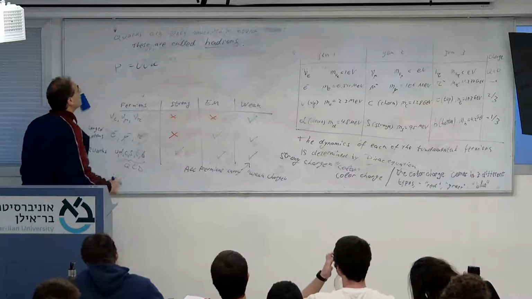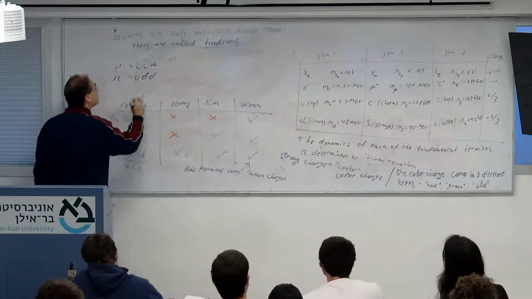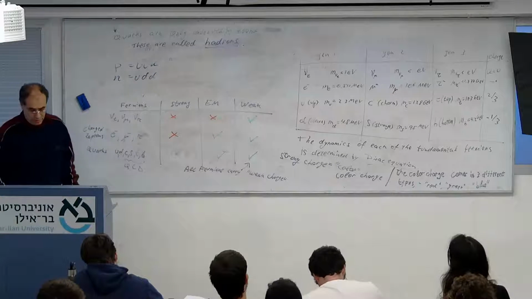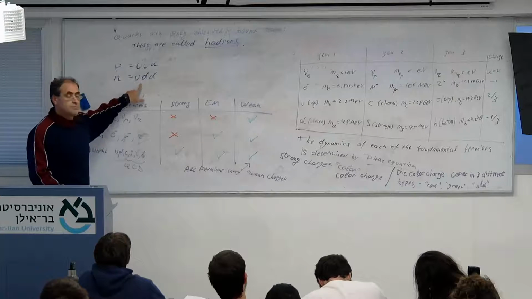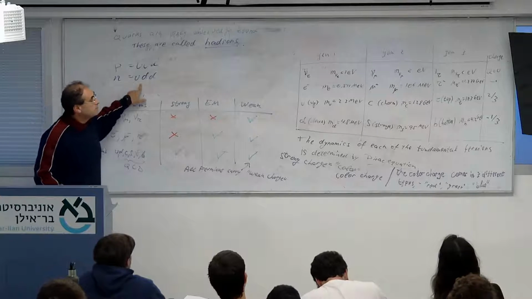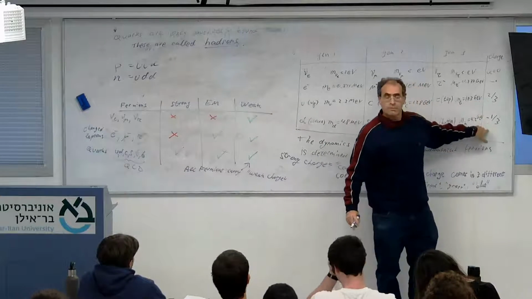What will happen when we get two down quarks and one up quark? That's a neutron. What is the charge? 0, right? 2/3 minus 1/3 minus 1/3 is 0.